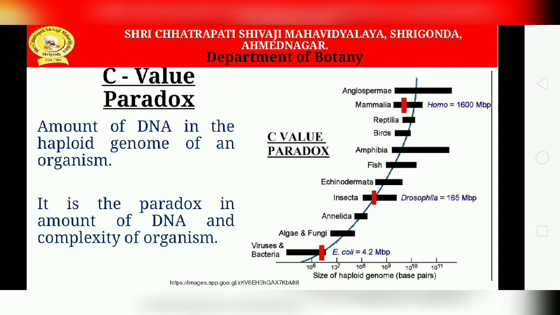The C value paradox is the paradox in the amount of DNA and complexity of organism. In the eukaryotic genome, size fails to correlate with the complexity of the organism. The largest genome is found in amoeba, a single cell organism, as well as in human genomes, and one found in yeast. So this is the C value paradox.